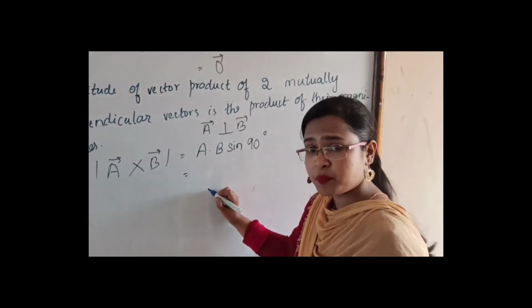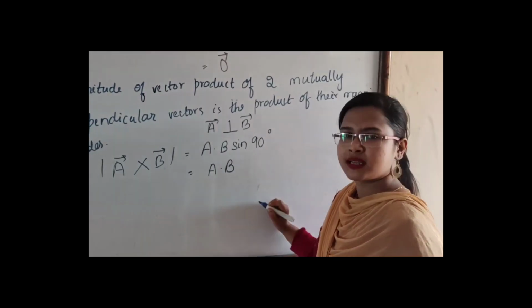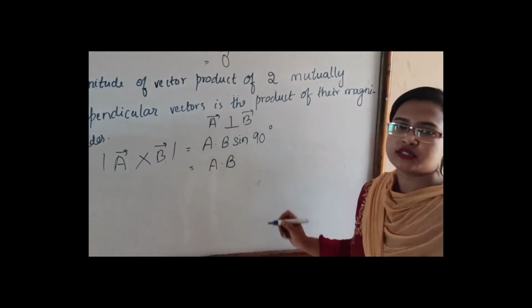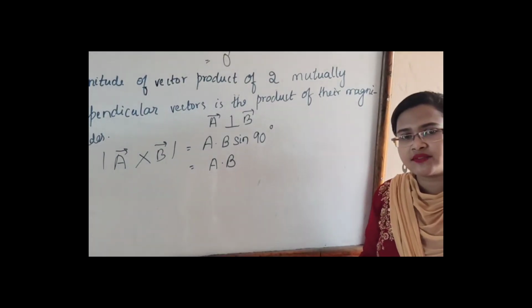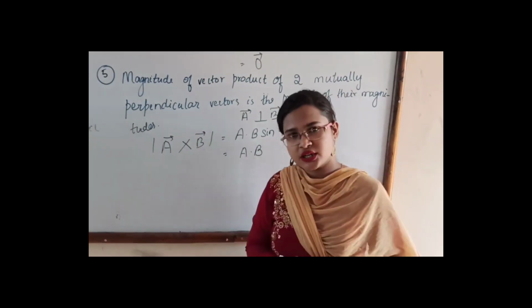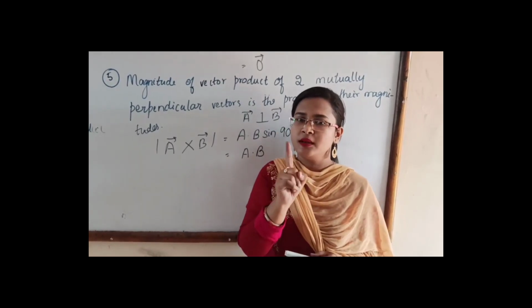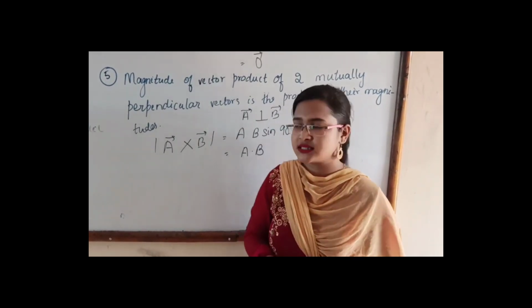So it will be simply the product of their magnitudes. Clear? And the direction will also be perpendicular to the plane containing vector A and vector B. So if two vectors are perpendicular to each other, then the magnitude is always the product of the magnitudes of the two vectors. Clear?